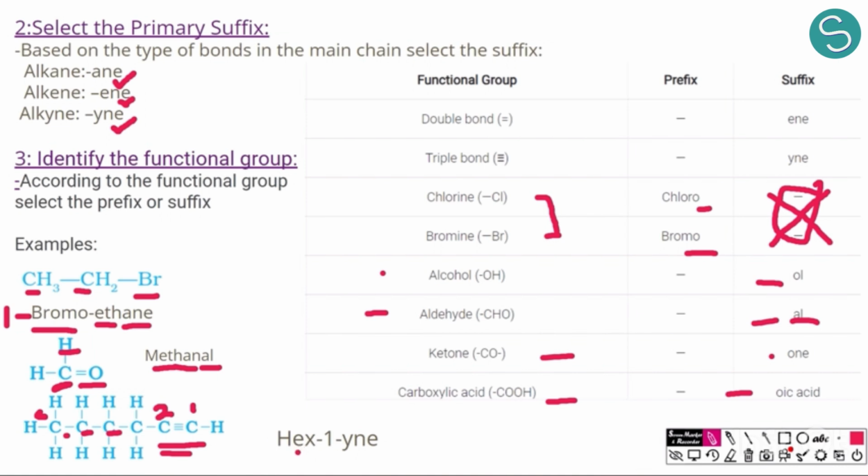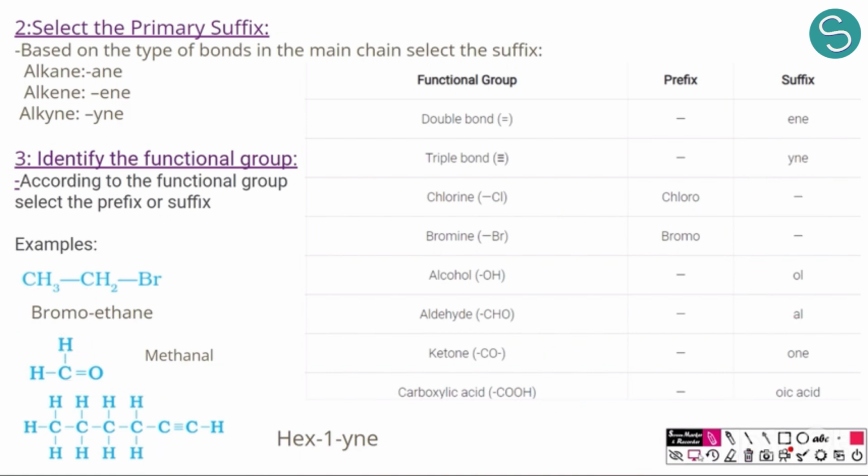So we have hex, and we write the position as 1, and then we write the suffix of alkynes which is -yne, which denotes that there is a triple bond between the first and second carbon position, and there are 6 carbon atoms in the chain. So this is how we write a particular name of a carbon compound.